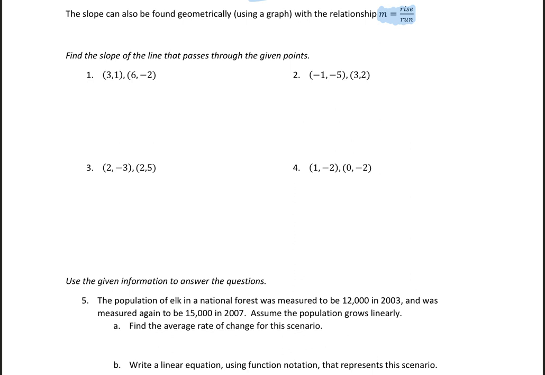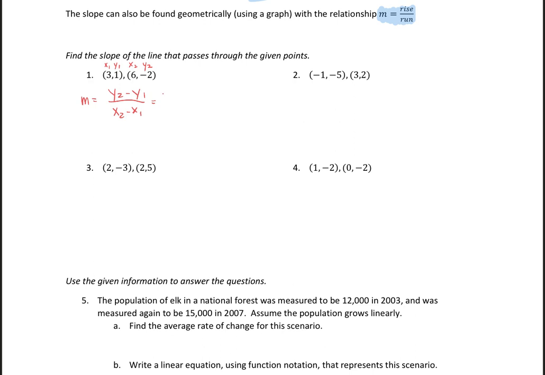So if it helps, you may want to label your points. So this is the first point, so I'm going to call them x1, y1. And this is the second point, so I'm going to call those x2, y2. And I know my formula is the difference in y's over the difference in x. And so now I can just plug those numbers in.